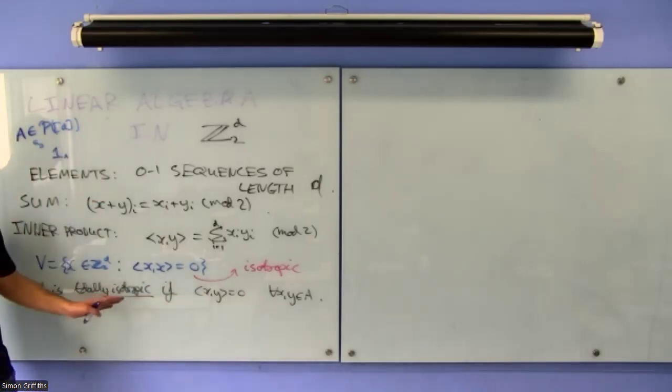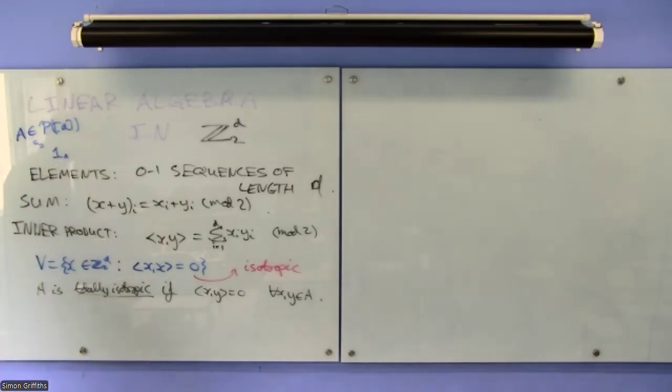So if you don't like this name, every time I say it, just think even property. And if they're odd, there's not a fancy name that I know of, so I'm going to call it the odd property.